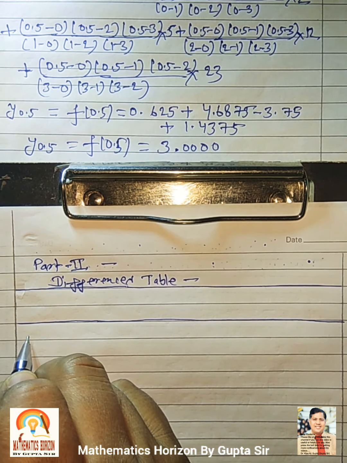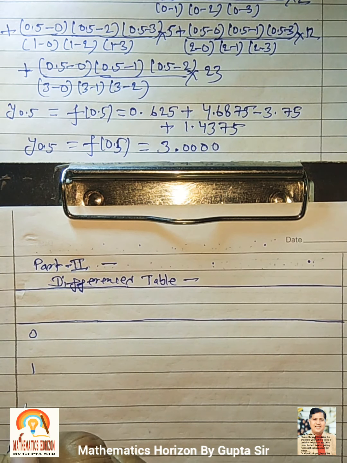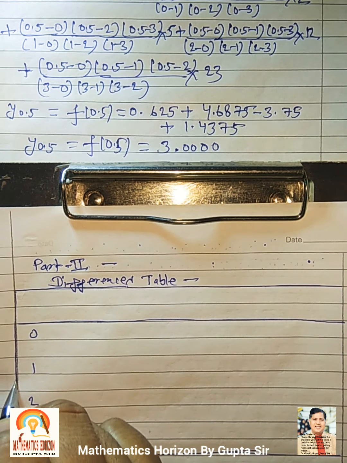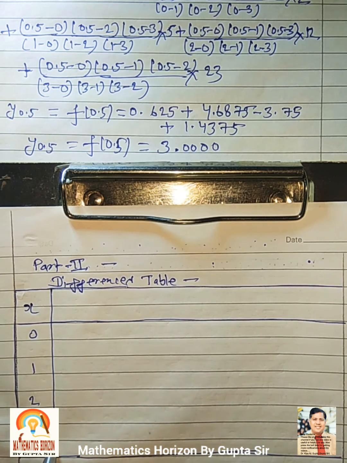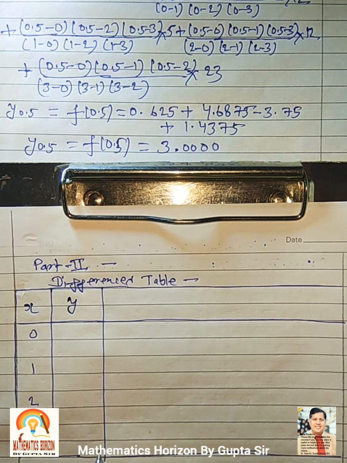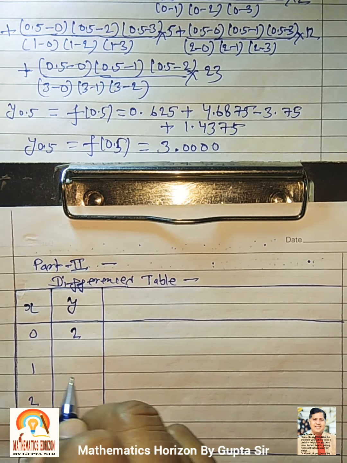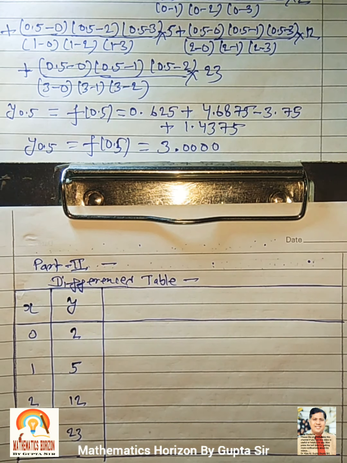Here we have 0, 1, 2 and 3. These are the given values of x, and the corresponding values of y are 2, 5, 12 and 23.